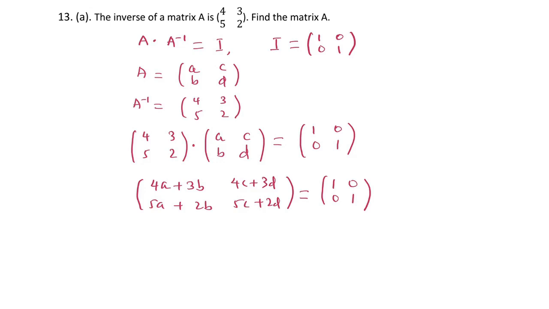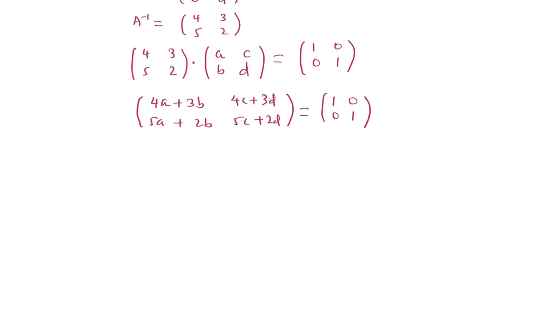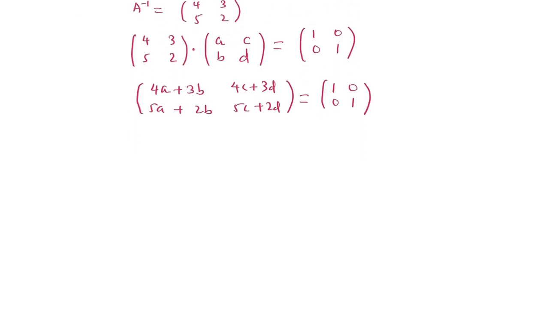Okay, so for now, let us compare the elements from both sides. Then, starting with the first column, we have 4A plus 3B equals 1.